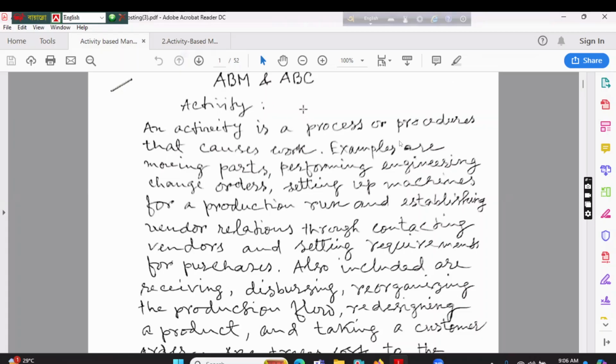Before defining activity-based management and activity-based costing, first we need to explain in detail what is activity. At first, we need to understand a clear concept of activity.